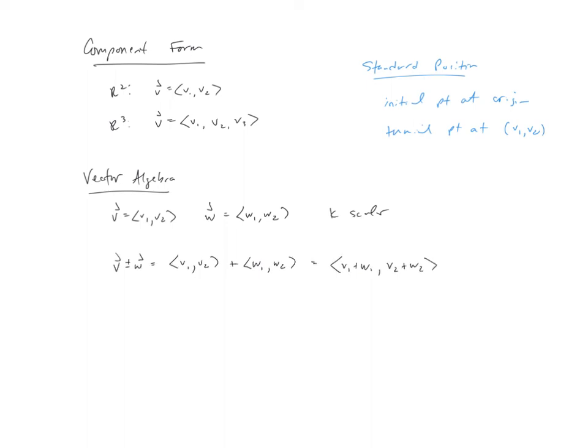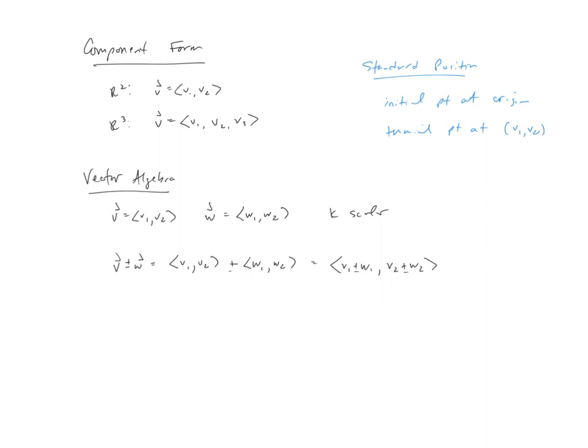Now, what I've done here, as you can see, is I simply added the corresponding components, V1, W1, V2, W2. Now, I have said plus or minus here, so subtraction, as we saw geometrically, would work the same way. So I'll go ahead and throw these in here just to convince you that it is, in fact, going to work the same way. All right, so that's vector addition.